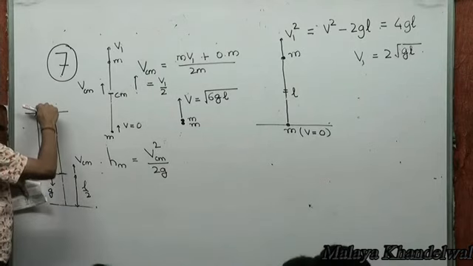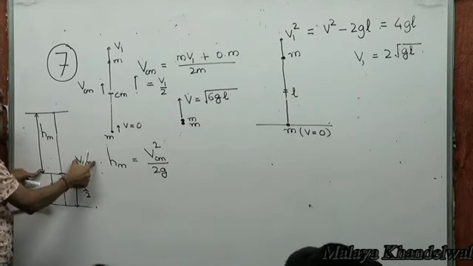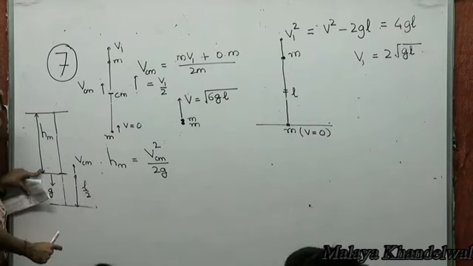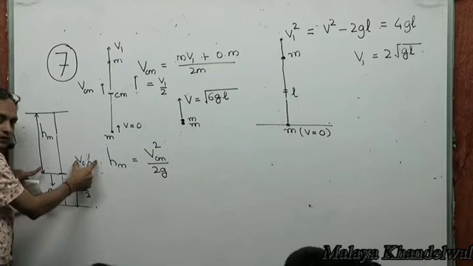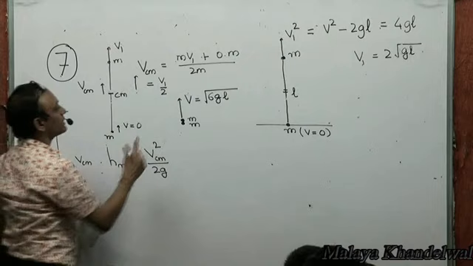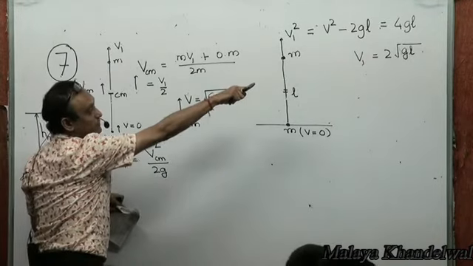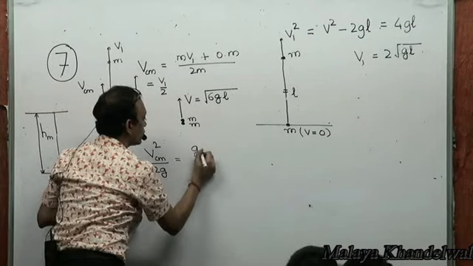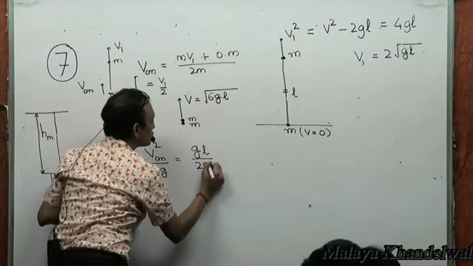So the maximum height reached is going to be u squared by 2g, isn't it? u is vcm. So vcm squared by 2g. vcm, as you can see, is v1 by 2, which means root gl. So gl by 2g, which is L by 2.